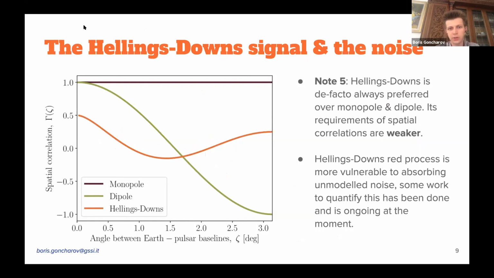So we have to separate it out, and we also always get a stronger signal for monopole and dipole spatial correlations. But my take is that it happens because the monopole and dipole correlations have stronger requirements on spatial correlations, while, as you can see, the Hellings-Downs curve is overall closer to zero correlations, and we need to be careful when fitting for this, making sure that no excess noise leaks into that.